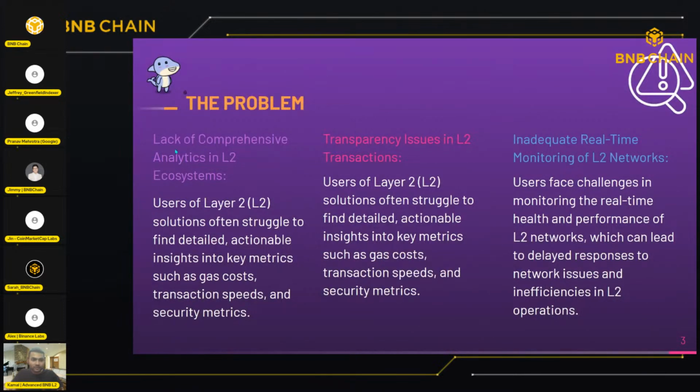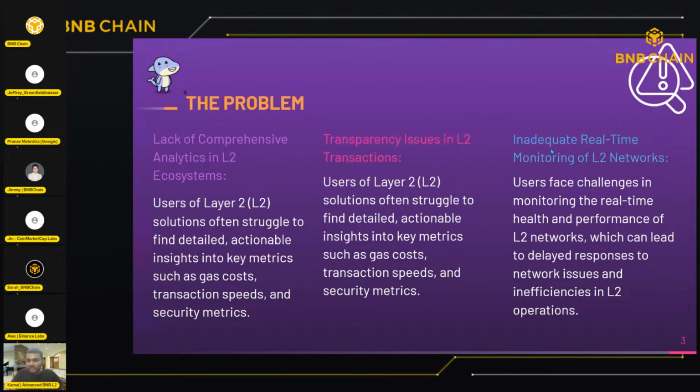The first problem statement is lack of comprehensive analytics in L2 ecosystems. Users of L2 solutions often struggle to find detailed, actionable insights into key metrics such as gas cost, transaction speeds, and security metrics. Then we have transparency issues in L2 transactions, where users often struggle to find detailed, actionable insights such as gas cost and transaction speeds.